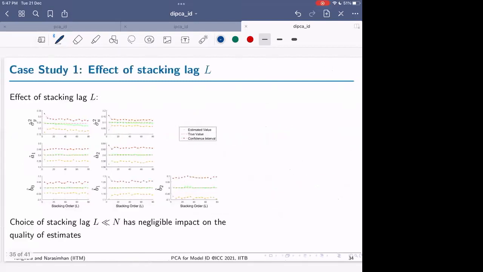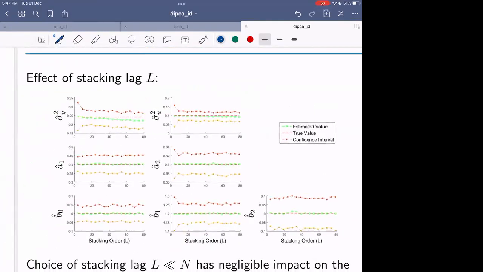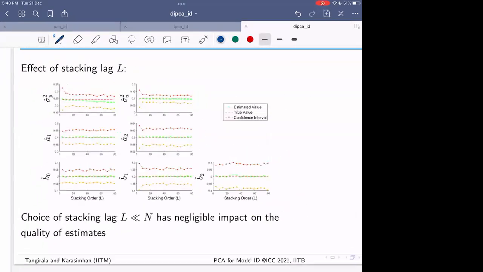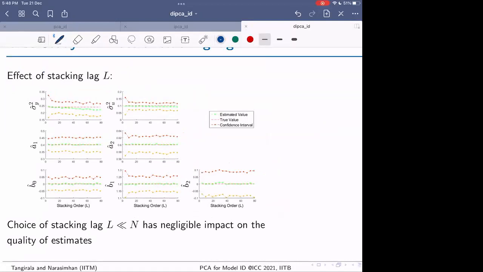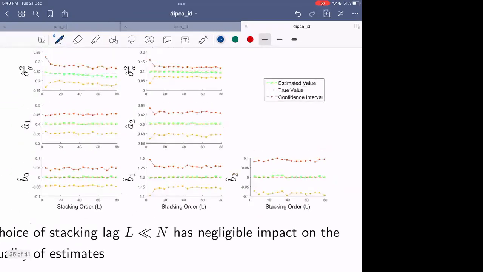Okay, so let me also show you the effect of stacking lag L. Here I'm reporting the estimates that we obtain for A1 hat, B1, B0 hat, and sigma square y for different stacking orders. On the x-axis, we have different stacking orders.